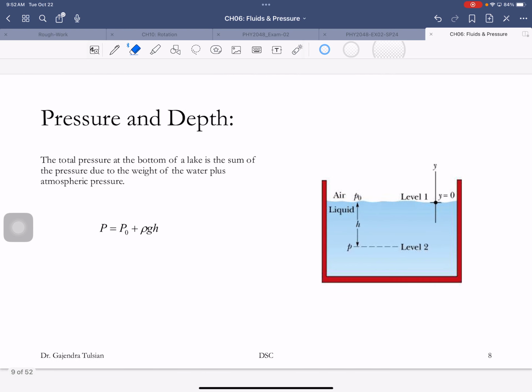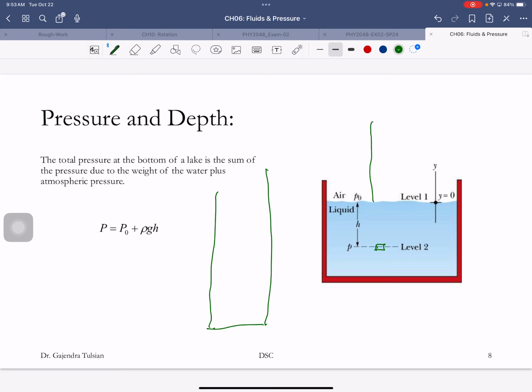All right. So we saw that atmospheric pressure was the weight of this column of air all the way to space. So now let's go underwater. So let's say you're here. Now what is the weight sitting on you? There's the column of air sitting on you, and then there's this column of water sitting on you.